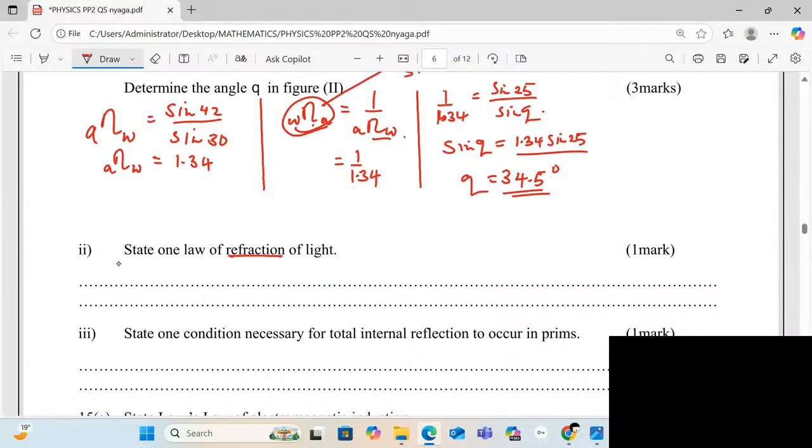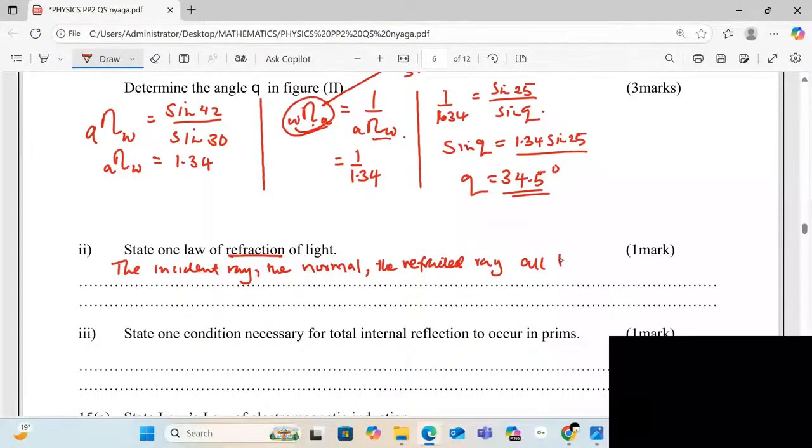So the first one is that the incident ray, the normal, and the refracted ray all lie on the same plane at the point of incidence.